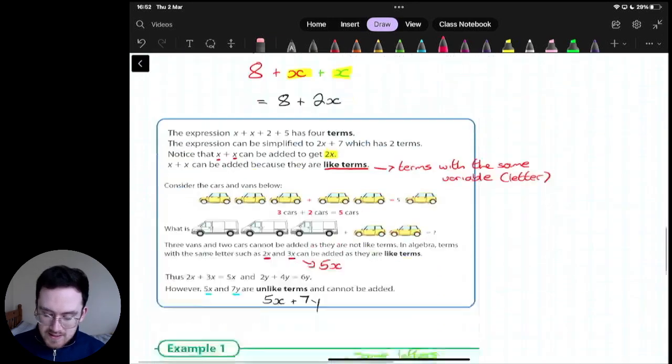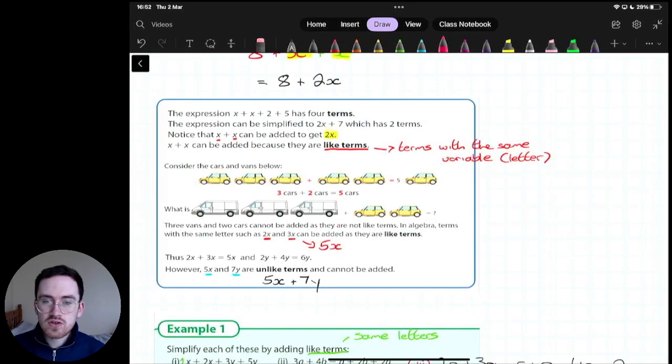And then lastly, that we can only add or subtract terms with the same variable. So we can only add them together if they have the same letter. And that's because of what we said at the start. When we're adding them together, we're just simplifying how many of those terms we have. So if we have x plus x, altogether I have 2 x's.